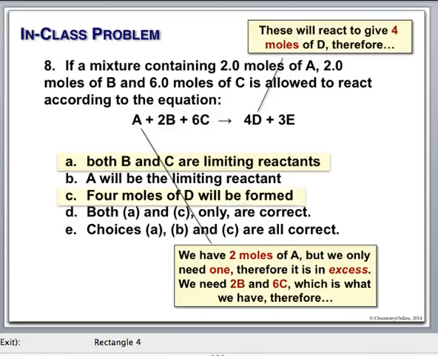Then again, you look here and you see A and C. Obviously not A, B, and C because A cannot be limiting. Therefore, D is the best answer. We have all of the A we need. We have 2 moles. We only need 1. We have just enough B, just enough C to make 4 Ds.